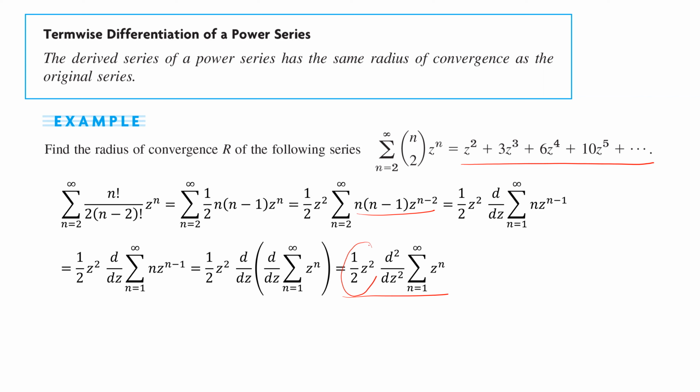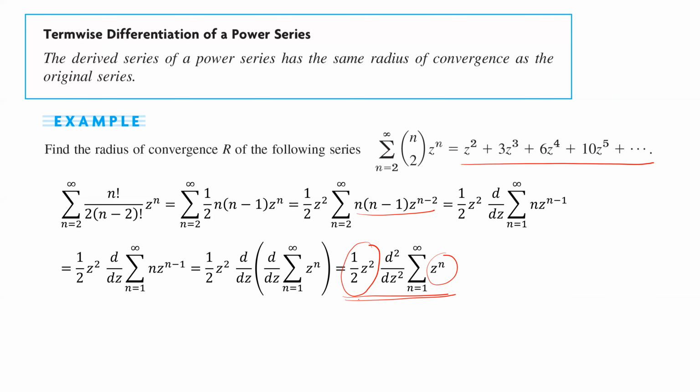And this can be considered as one series that has infinite radius of convergence, but this series has a radius of convergence that is 1. Therefore, the whole thing has a radius of convergence that is 1, because if you take the derivative twice, it doesn't change the radius of convergence.